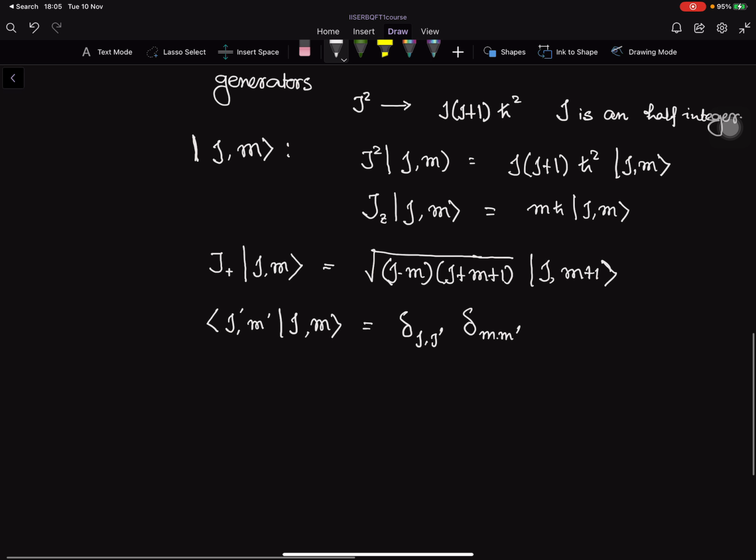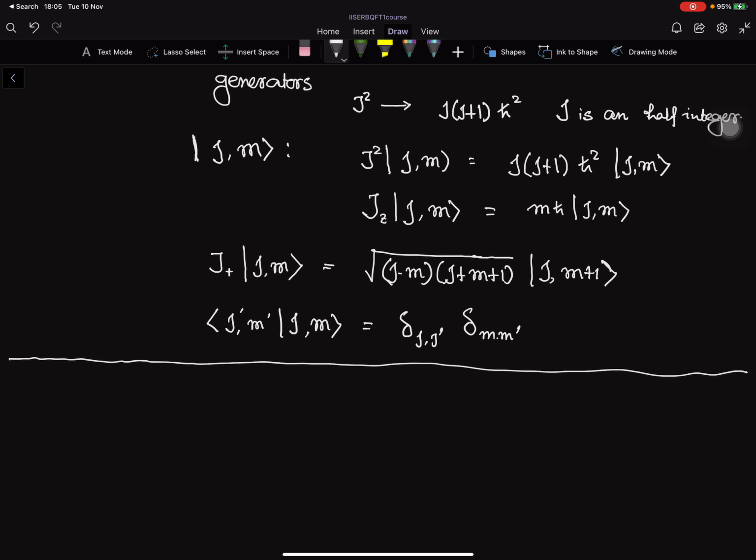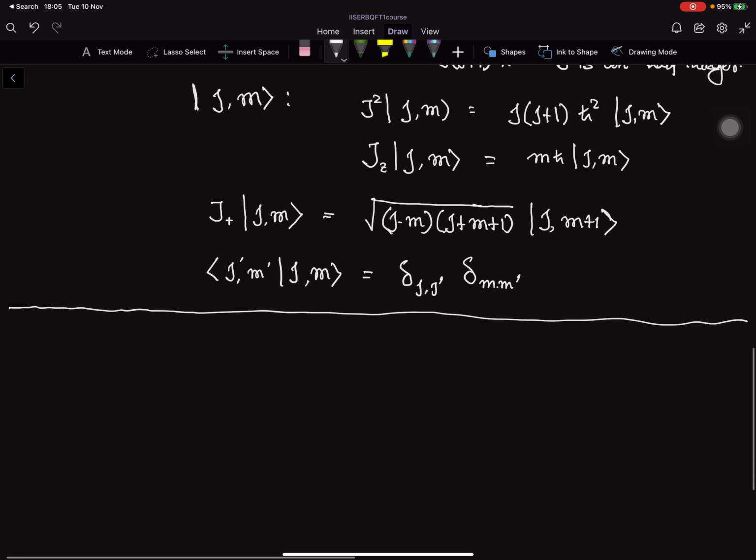This part all of you have done in your quantum mechanics course. What we will discuss now is a more detailed thing, like the representation of reflection.